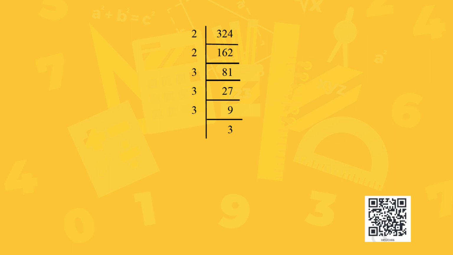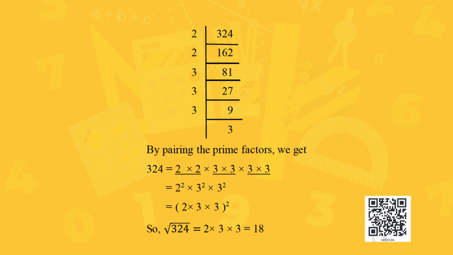Now, 81 is divisible by 3, 27 times, 27 is divisible by 3, 9 times, and finally 3 divides 9, 3 times. If you observe all the prime factors, we have obtained 324 is equal to 2 times 2 times 3 times 3 times 3 times 3.